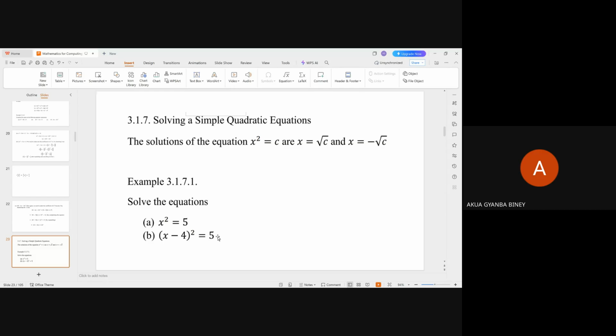And the b part. Solve the b part. The b part will be x equals 4 minus root 5 and x equals 4 plus root 5.